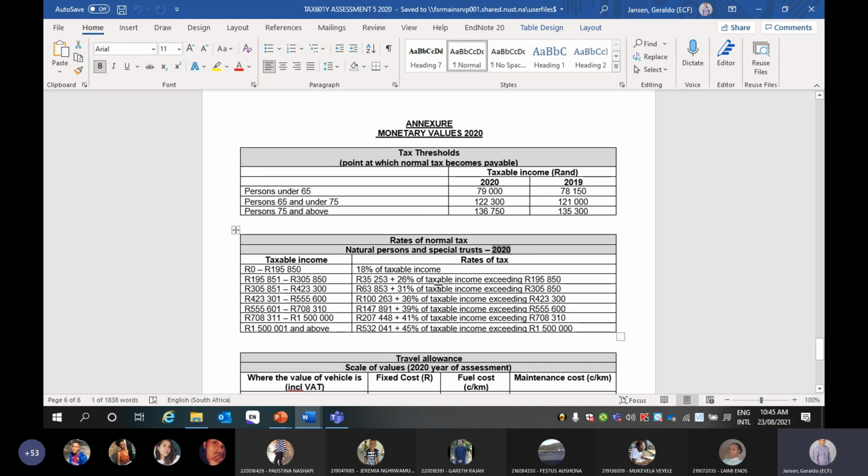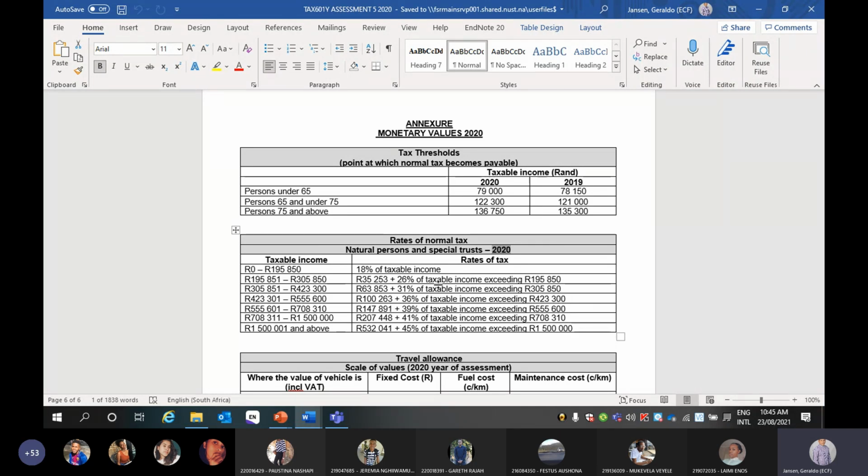Let's say your salary, and I want you to sit with your calculator or phone or whatever, is 300,000 rands. Remember, we are working with rands.